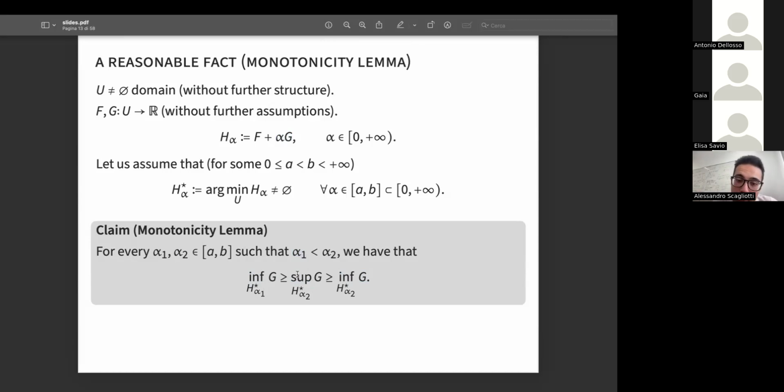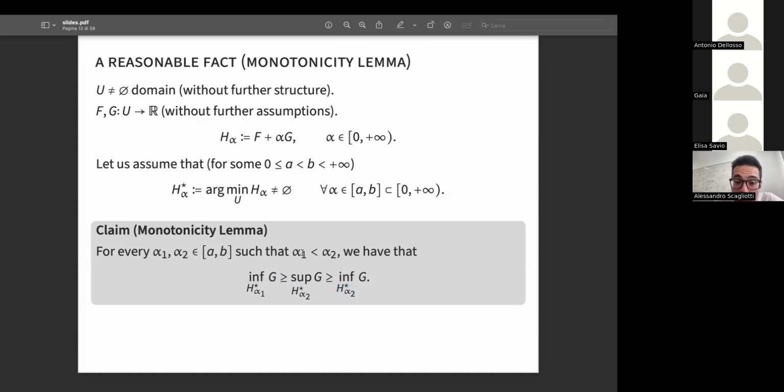Once again, in all these inequalities only G is concerned. The second inequality is the trivial one: the supremum is bigger than the infimum when computed on the same set. Nothing to say on that. The interesting inequality is the first one.